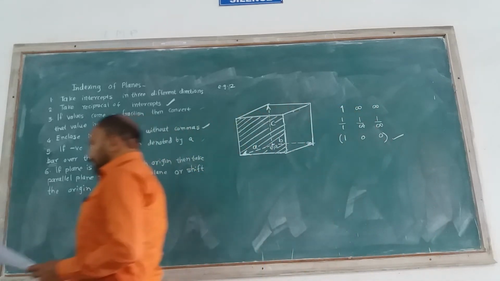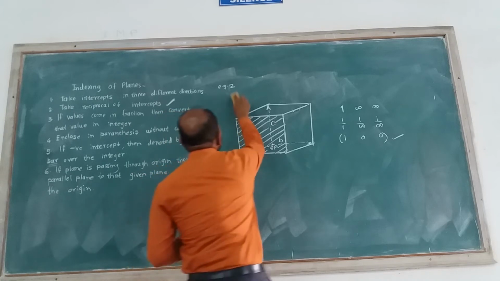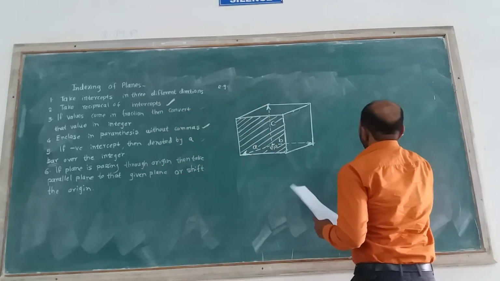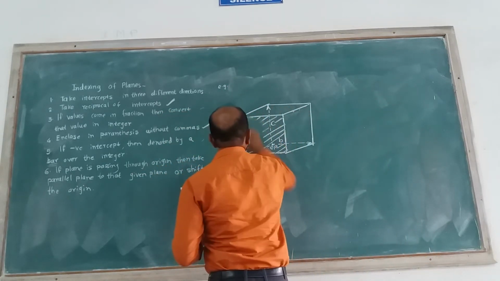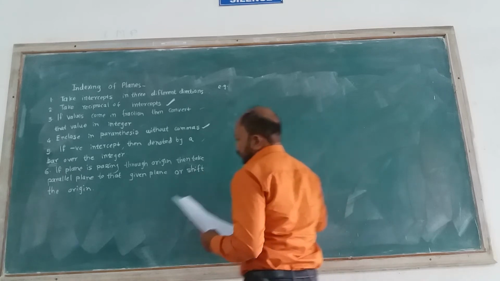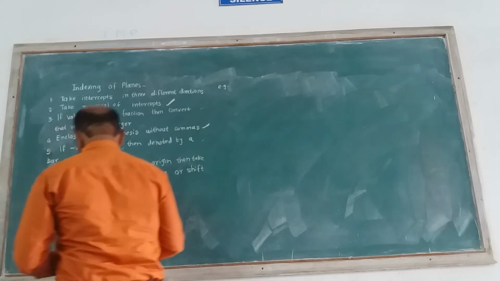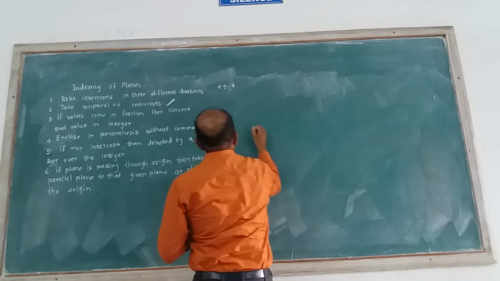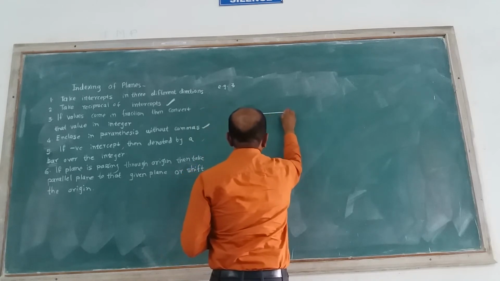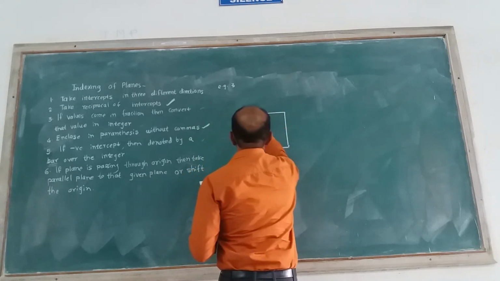If we take another example, that is example number 3, again a cubic structure.